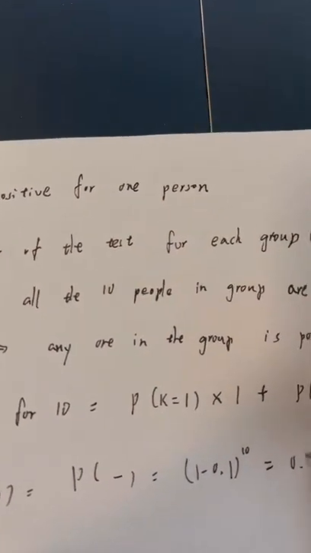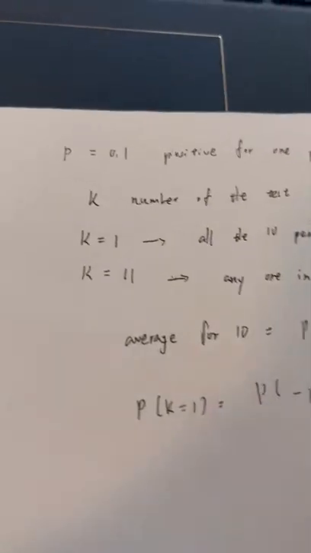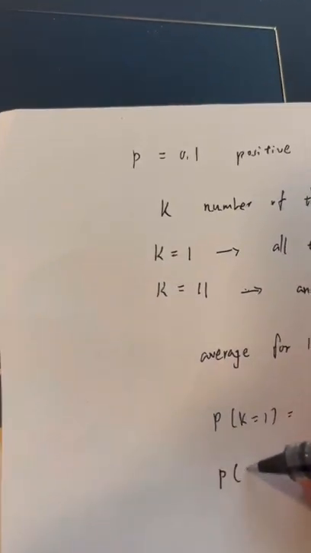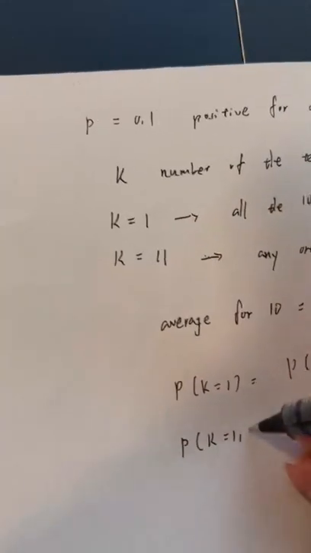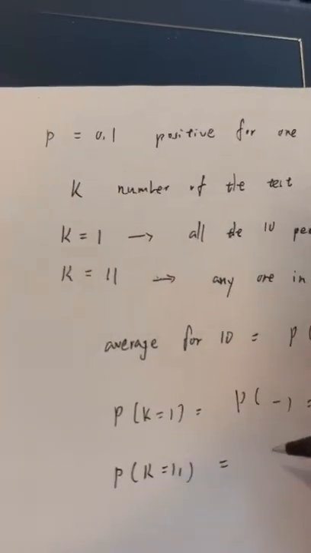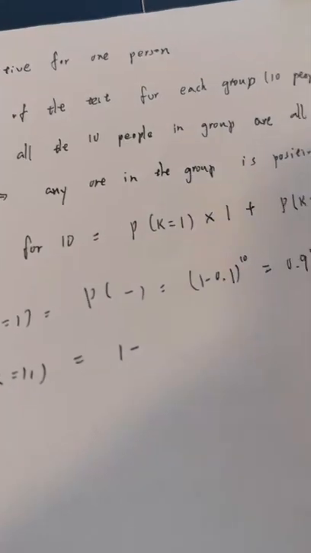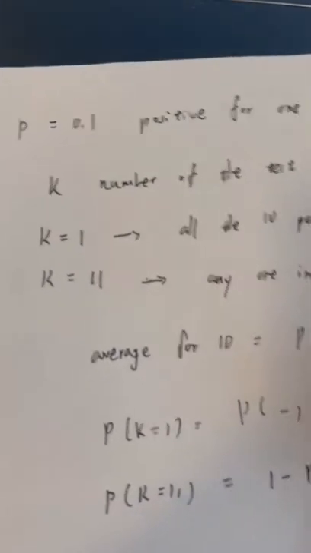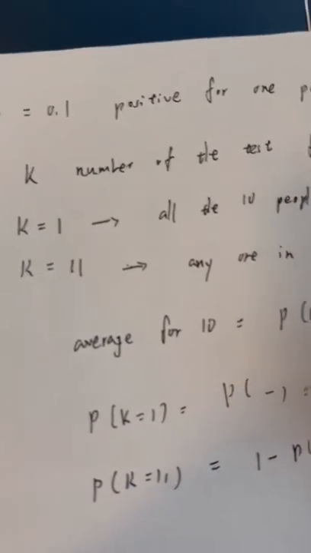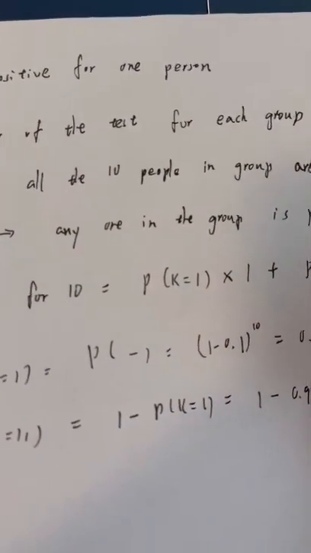So it equals 0.9 to the power of 10. Then we have P(K equals 11). It means anyone is positive, so it's just 1 minus P(K equals 1). So it's 1 minus 0.9 to the power of 10.